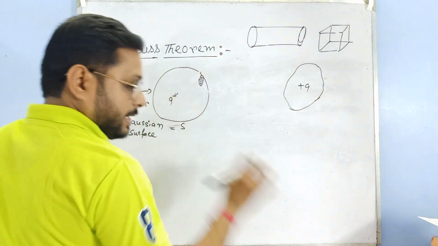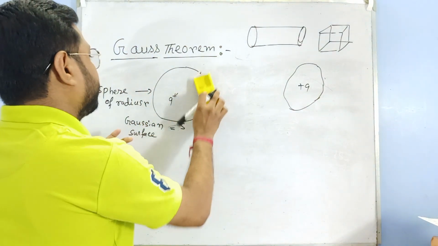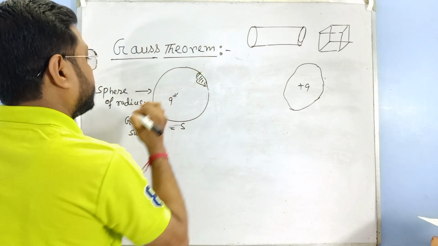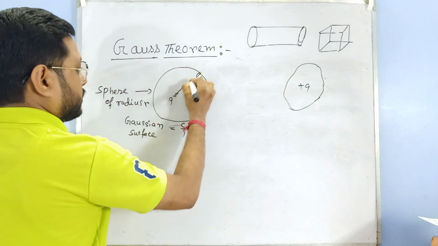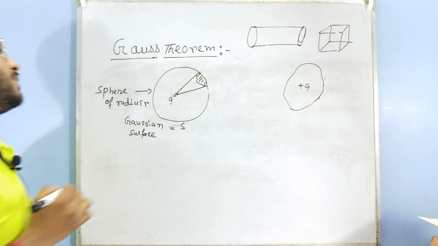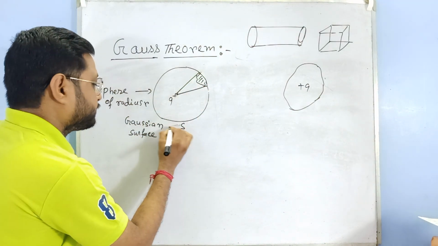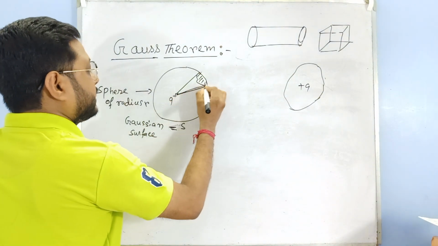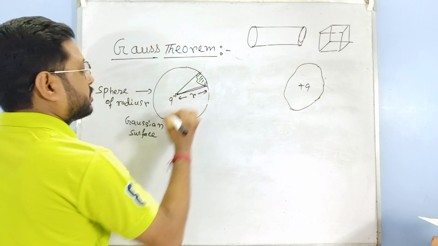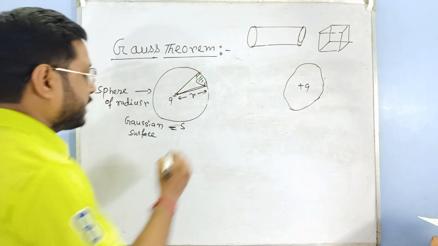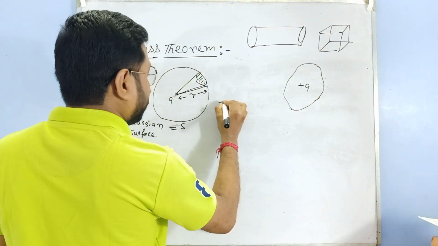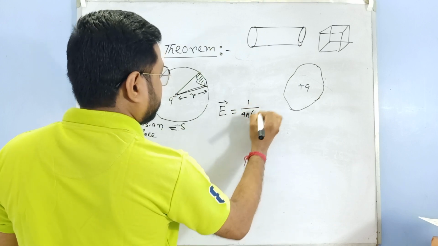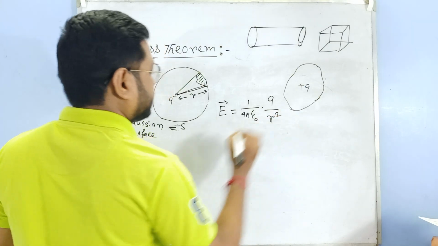Now, if we take a small surface ds, then we know that the electric field, this distance is r because the radius is r. So we know that the electric field at a distance r is given by 1 by 4 pi epsilon naught q divided by r square.